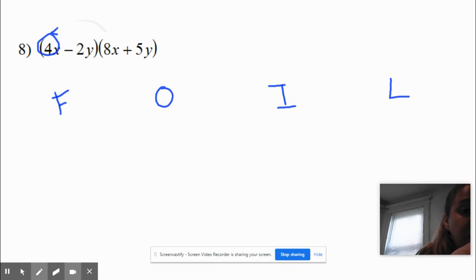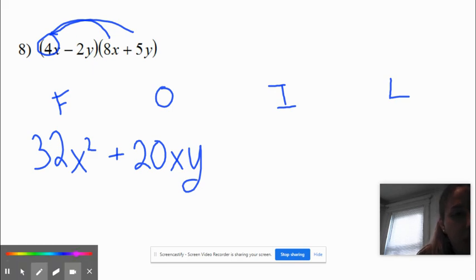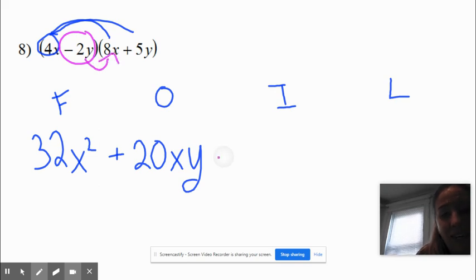4x times 8x, 32. X times x is x squared. 4x times 5y, both positive. 4 times 5 is 20. X times y is xy. Negative 2y times 8x is negative, right?